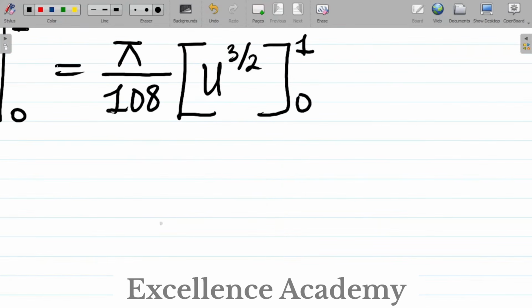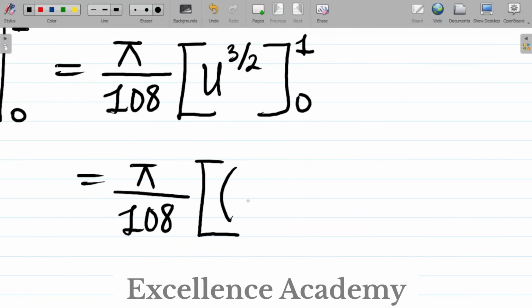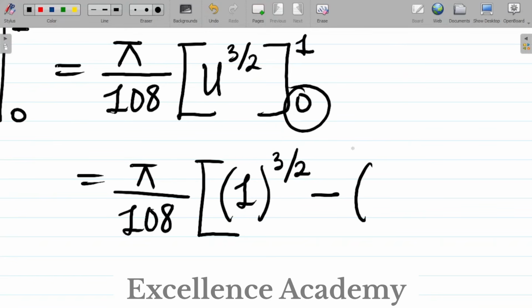So to solve this, this is simply equal to pi all over 108 into, put u as 1. The first is 1 to the power 3 over 2. Then minus, put in the second limit, so put u as 0 now. That's 0 to the power 3 over 2.